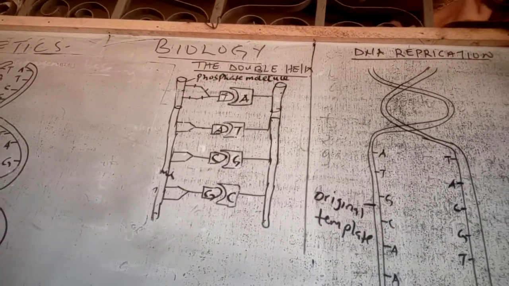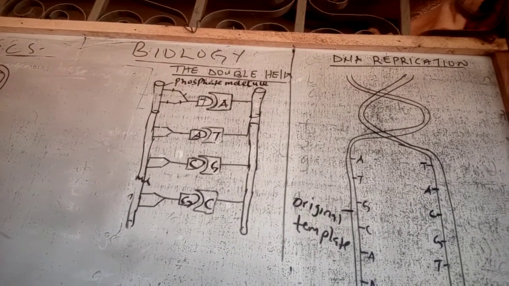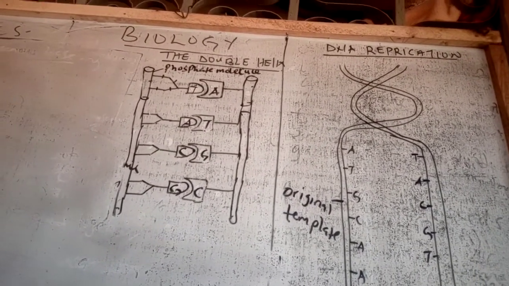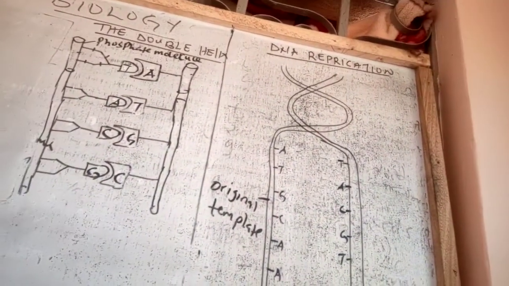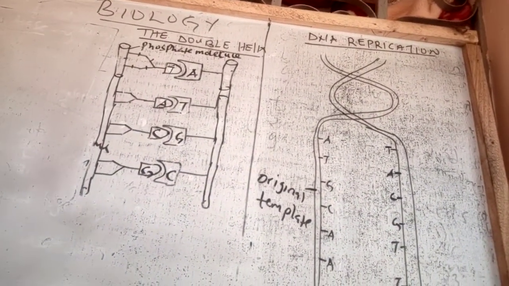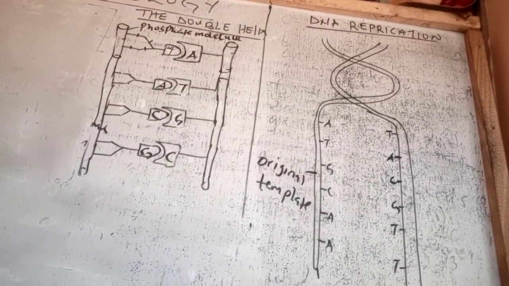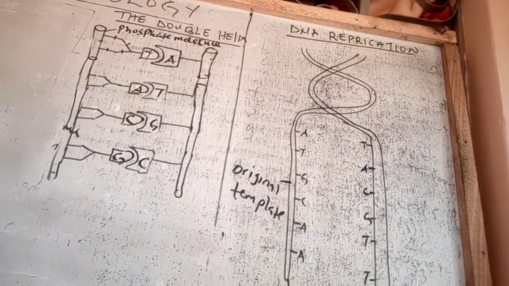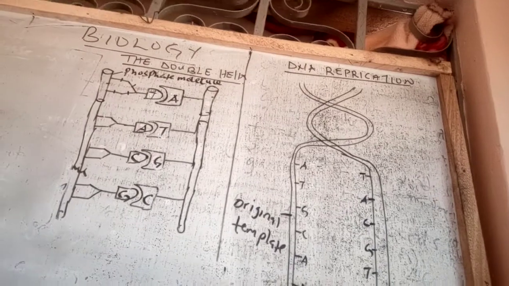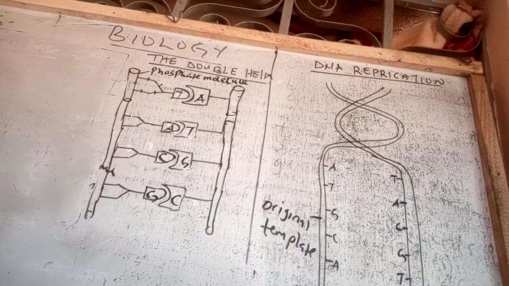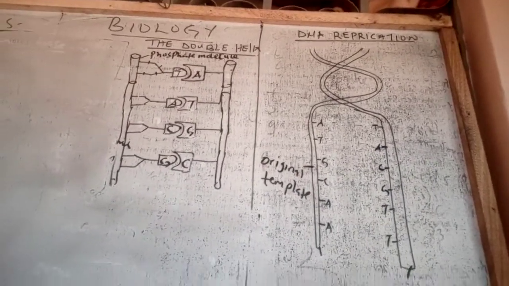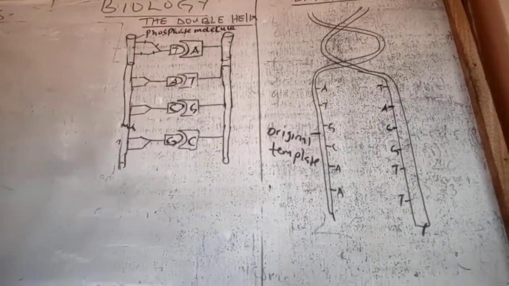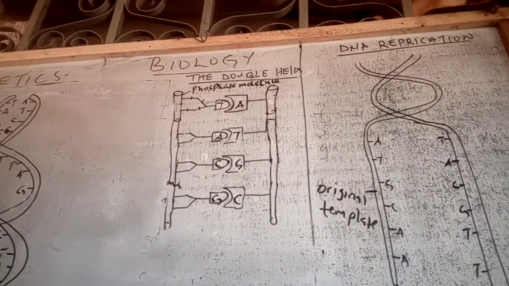Having said that, I'm going to look at the roles of the DNA. As far as the roles of the DNA molecule are concerned, the first role of the DNA molecule is to store the genetic information.